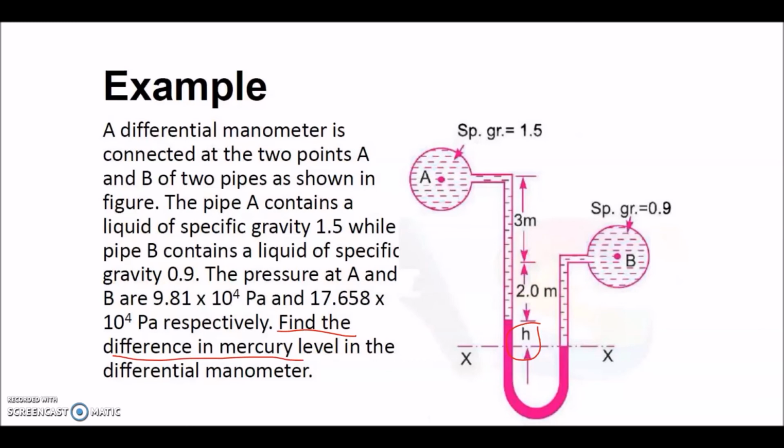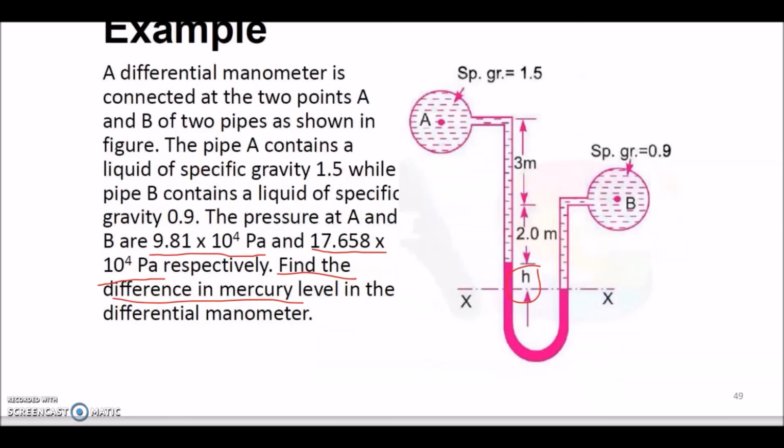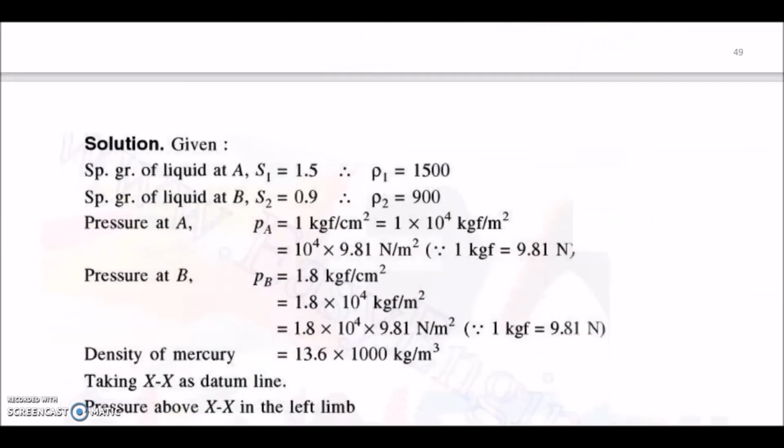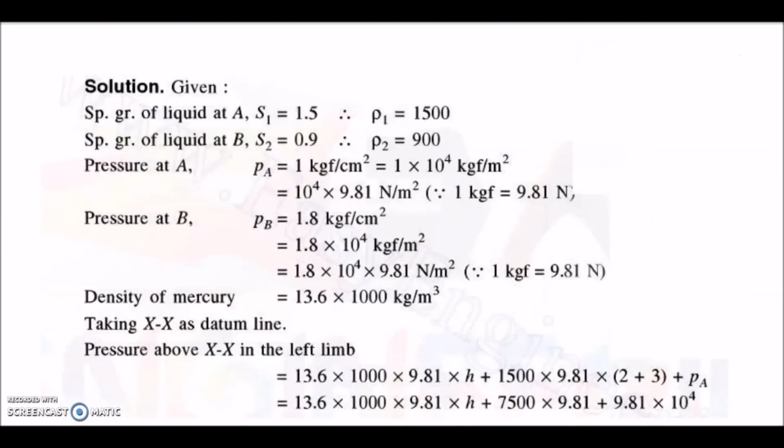Okay, given the pressure at A is 9.81 pascals and pressure at B is this one. So we can substitute the pressure into the equation. Okay, just ignore this because this is just the conversion of units. The question is directly given in meter, but this one shows that the question is in kilogram force.